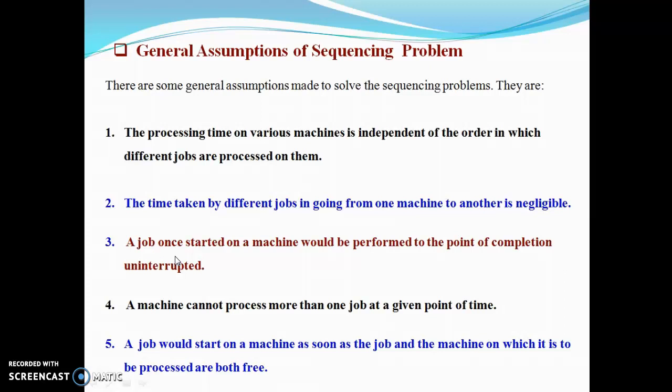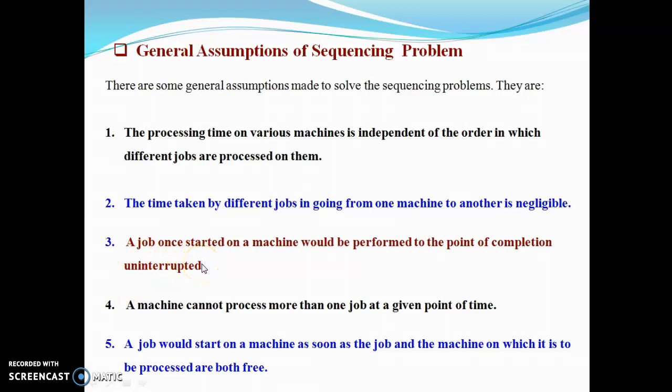Third one, the job once started on a machine would be performed to the point of its completion uninterrupted.